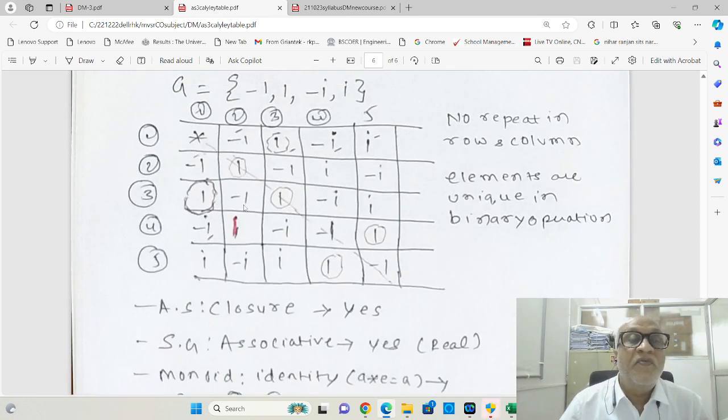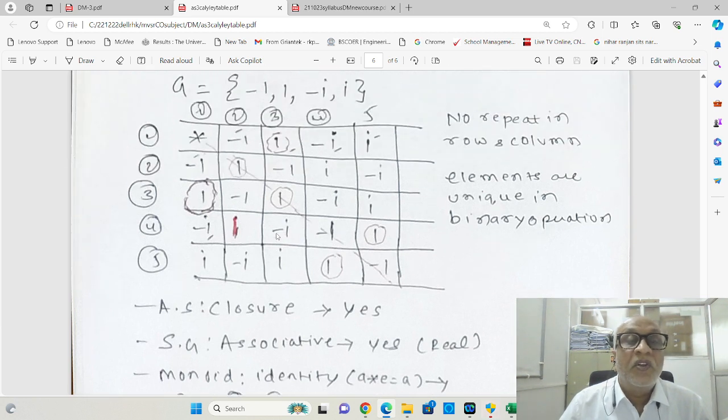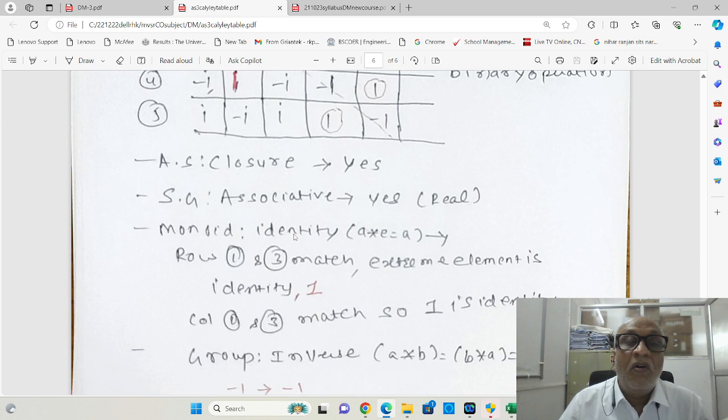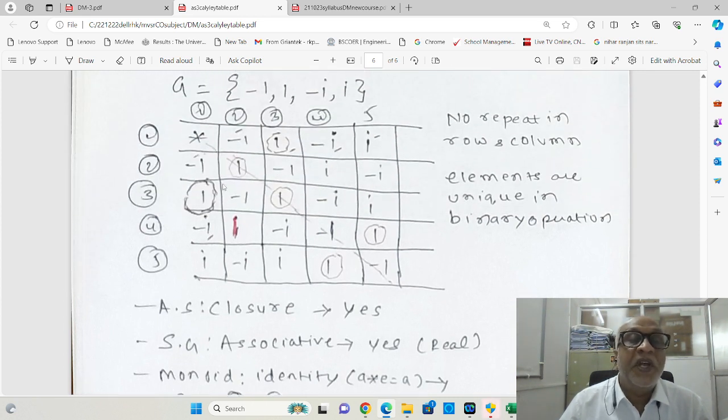Similarly, I need to check which columns are matching. First I checked which row has matched.